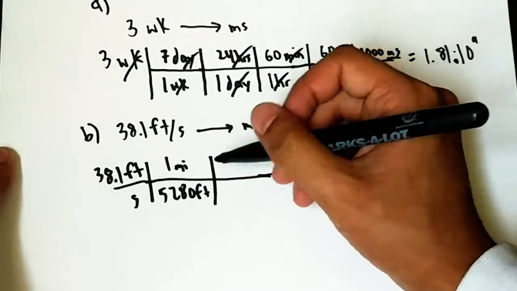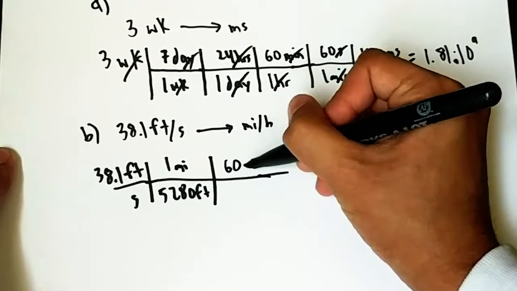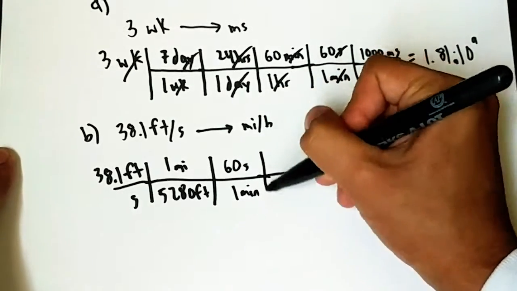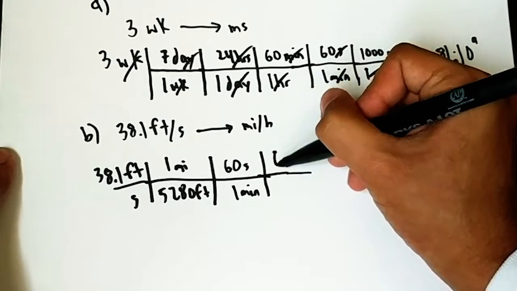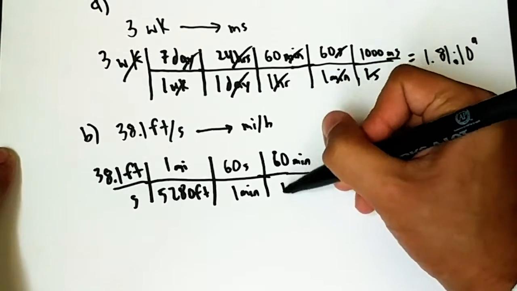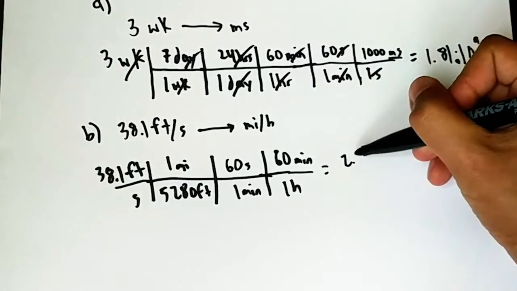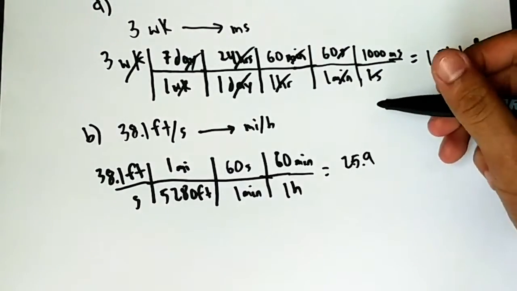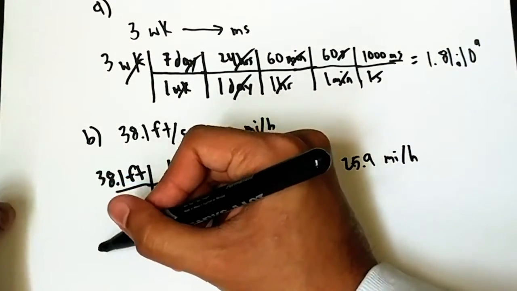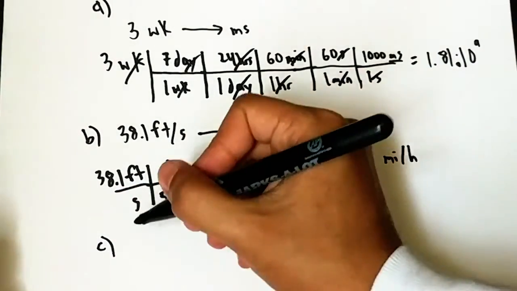And we want to convert seconds to hours, so 60 seconds in 1 minute. And 60 minutes in 1 hour. So again, this was about 25.9.